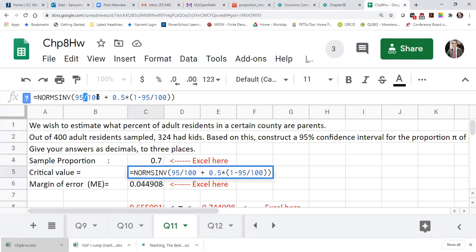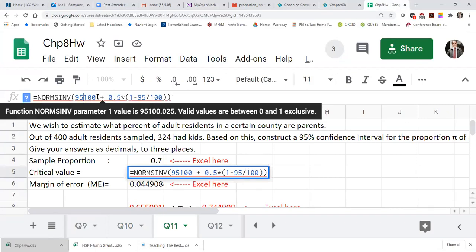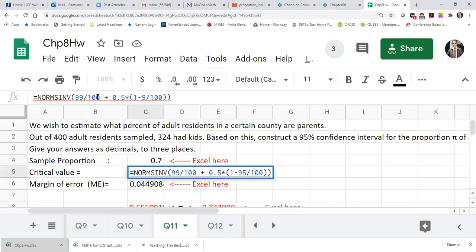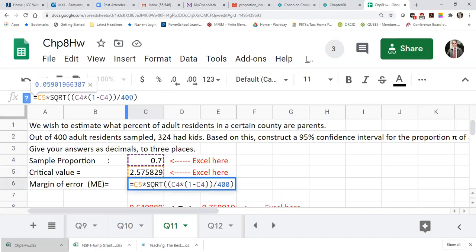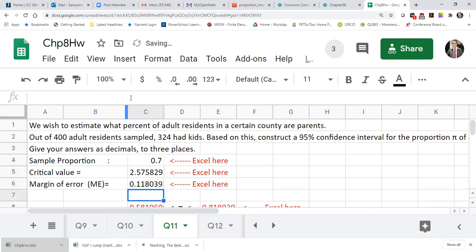So you put 99 in this one, and this one also 99. And the sample size in this one should be 400, right? And you got the interval here.